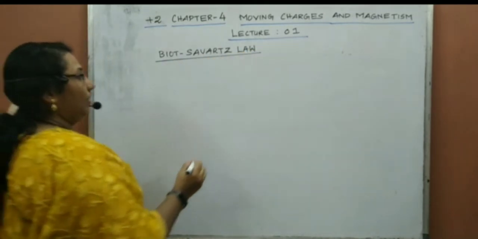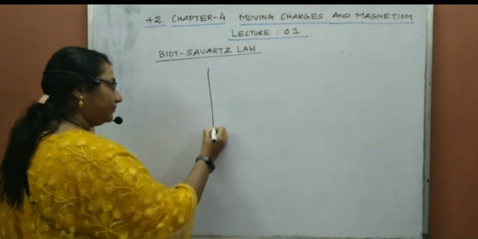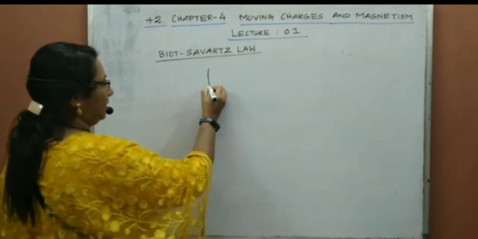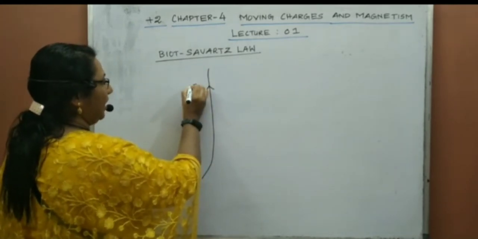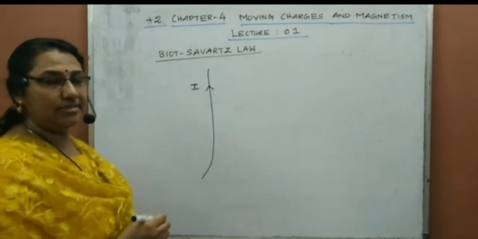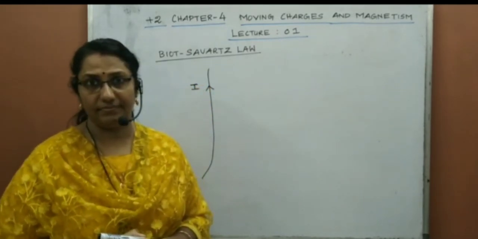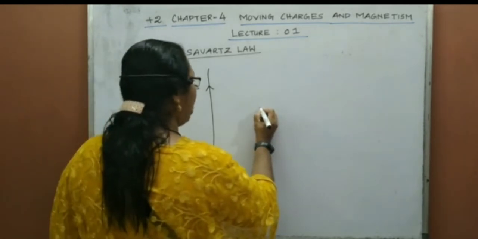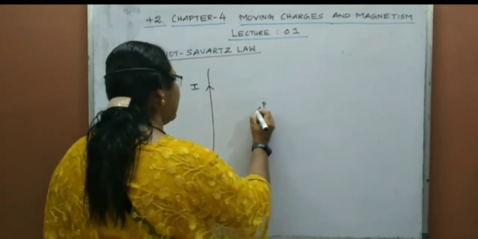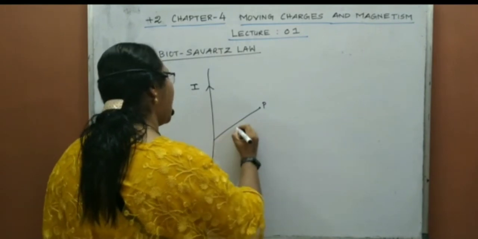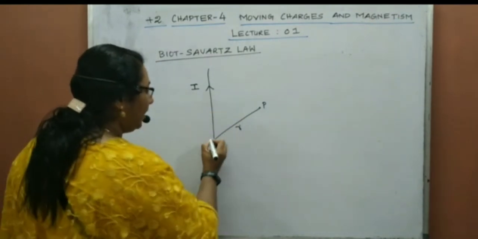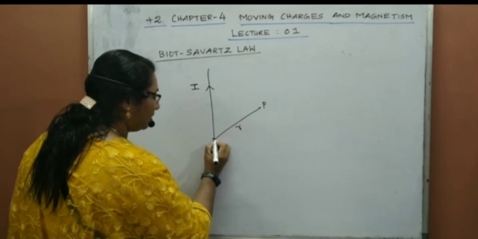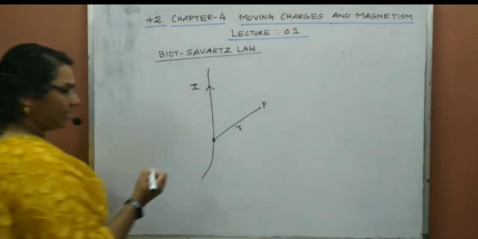They had taken a current carrying conductor which carries a current I. There is a point P at a distance R from a very small segment of this current carrying conductor.